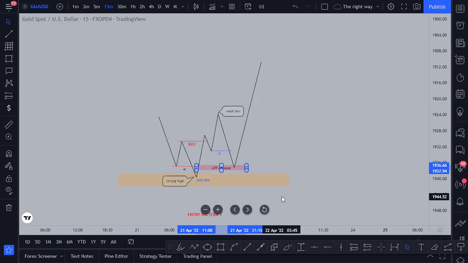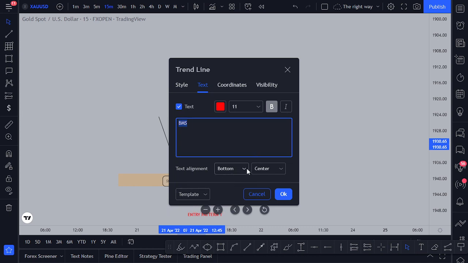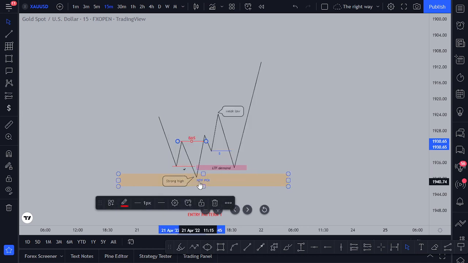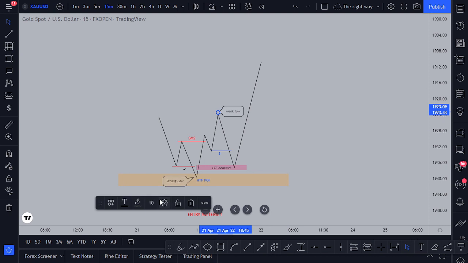So this one will be the lower time frame demand. This is the BMS at this particular section. Then we have now the strong low. Then what is formed as a result of the strong low is the weak high. So this one will be the weak high.